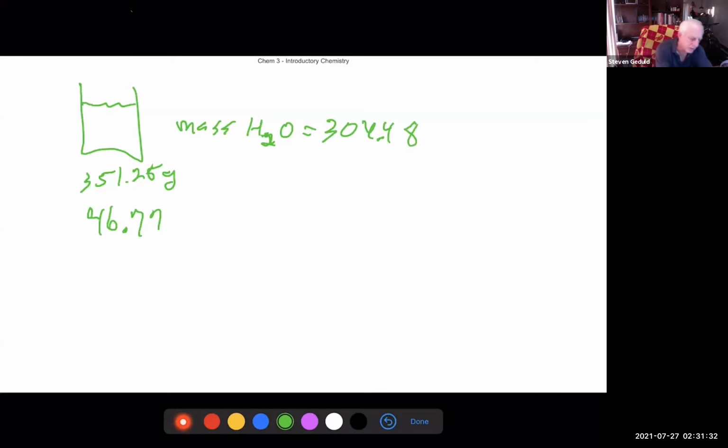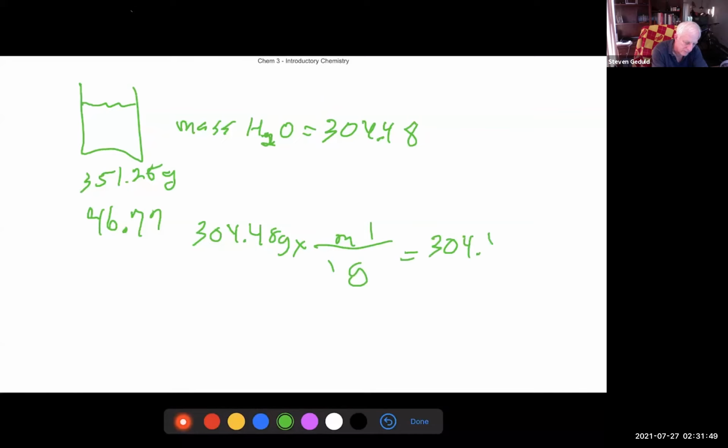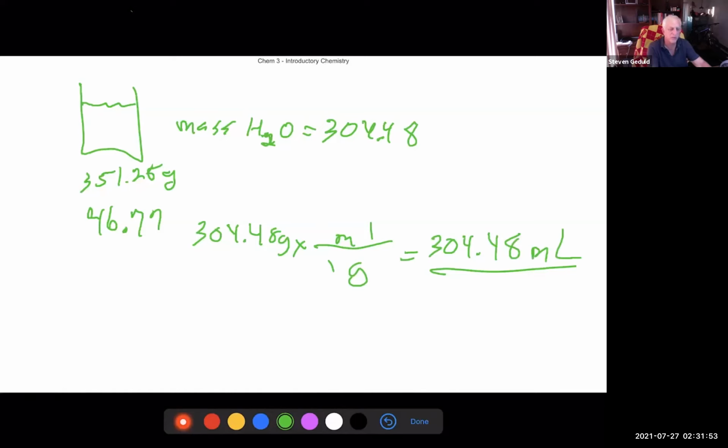So the water is 304.48 grams, and we know the density of water is 1 gram per milliliter. So the volume of water is 304.48 milliliters. Did I answer that right? Let's see.